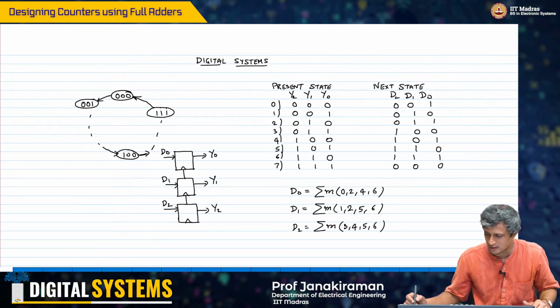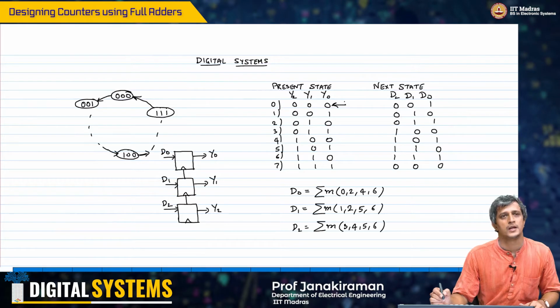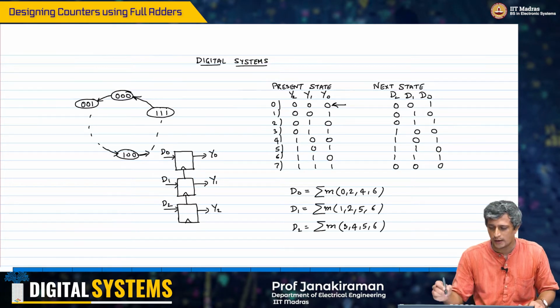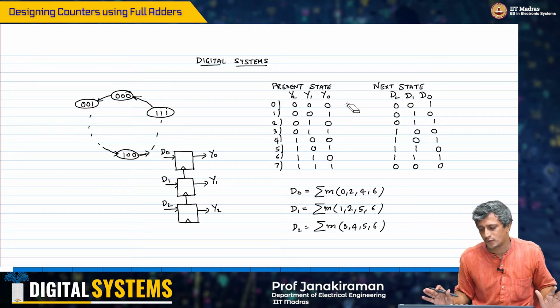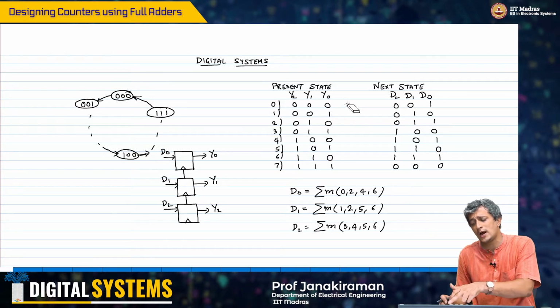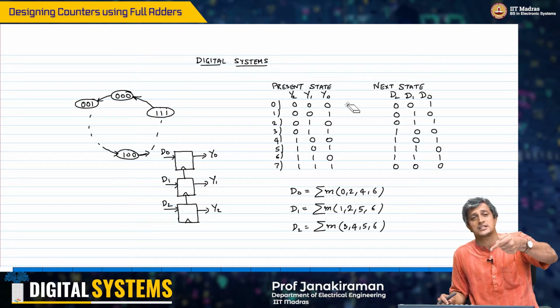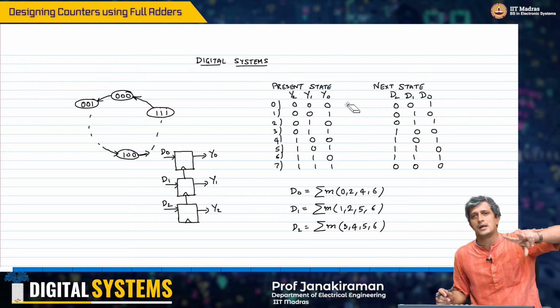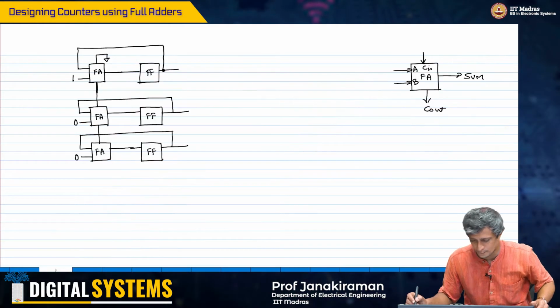If you look at this next state table, if you add 1 to each of these states, if you add 0, 0, 1 and do all the carry propagation, you will get the next state appropriately, right? And when you come to 1, 1, 1 and you add 1, because it's only a 3-bit adder, it will overflow. The last carry out will become 1, but we are ignoring that, and therefore it will just cycle back to 0, 0, 0, right?